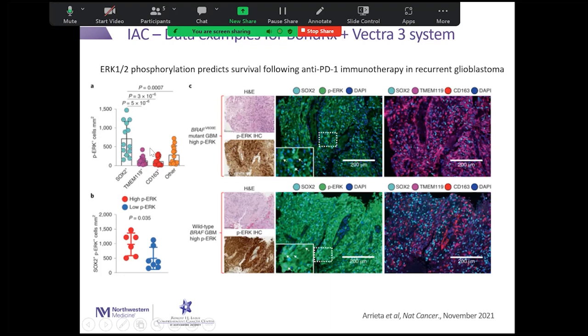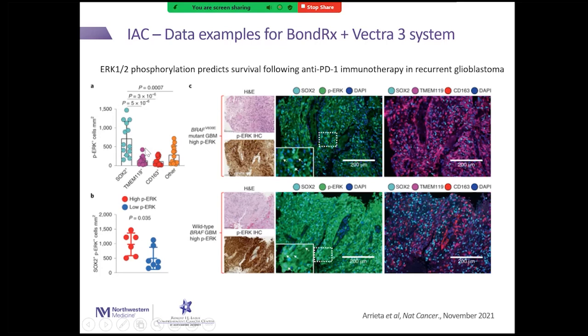So they used this platform. And since this platform can show you very good co-expression of different kinds of markers, they were able to find out which markers were associated with the high expression of PERK. You see that SOX2 positive cells have the highest expression of PERK, and to some extent TMEM119 and CD163, which are microglial and macrophage markers respectively, were also expressing some PERK.